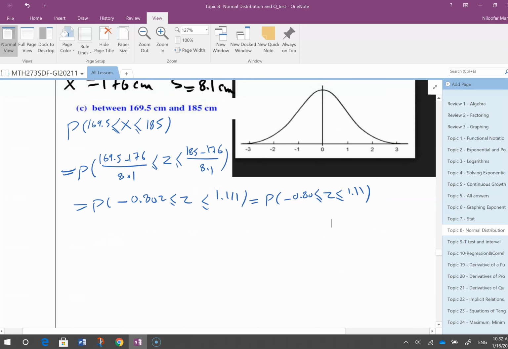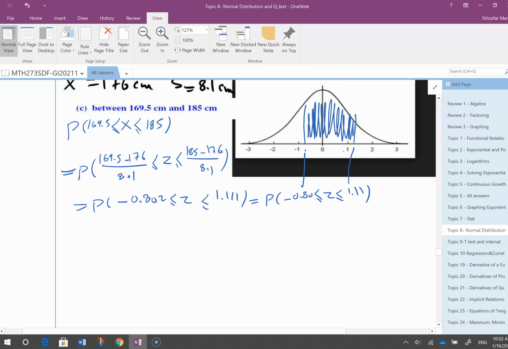Okay, so it is from here to here, between these two values. What should I do here? Okay, so it's not very nice, so I do this, because this one is here and this one is here.